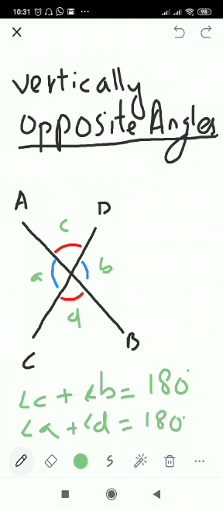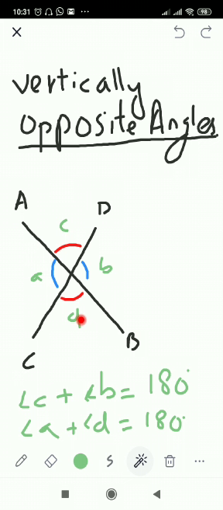There are different relationships between the angles. The sum of C and B is 180, and the sum of A and D is 180, because they are on a straight line. But angles A and B, and angles C and D, are vertically opposite angles.